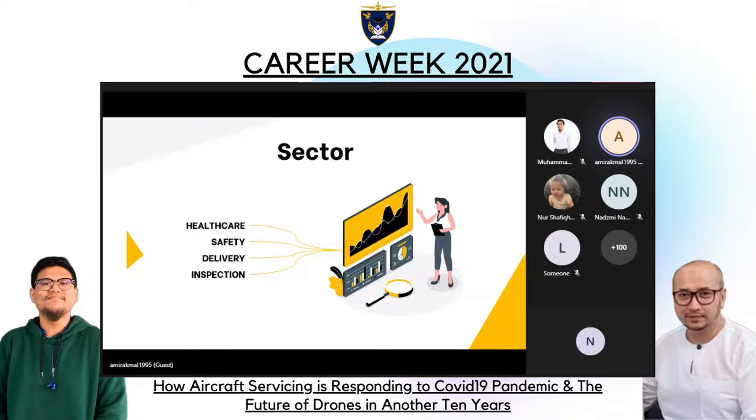So by using the drone, they can ask hospital B to deliver the blood by drone itself, and also to the fire department or something like that. And also for safety, they can use it for search and rescue.